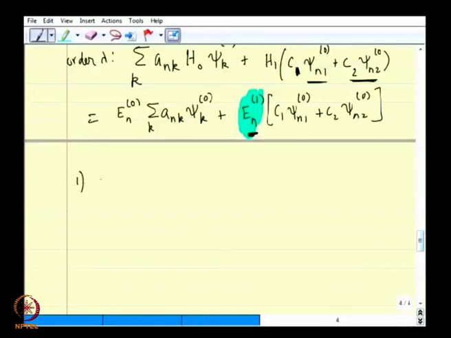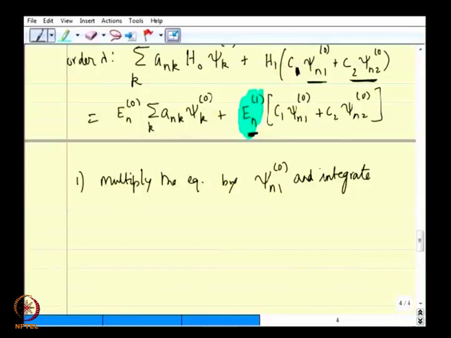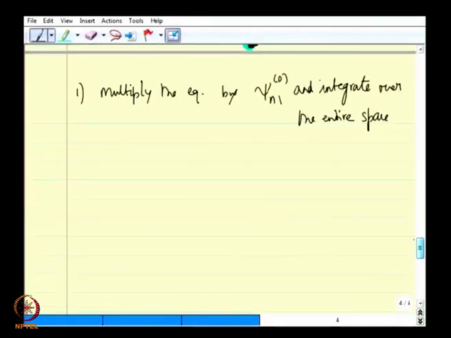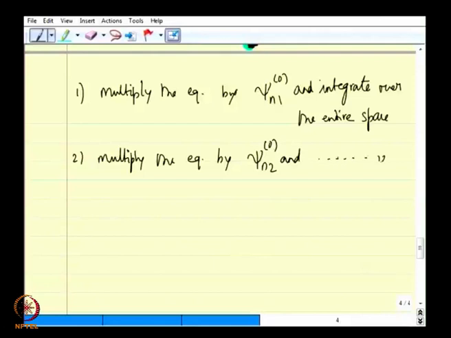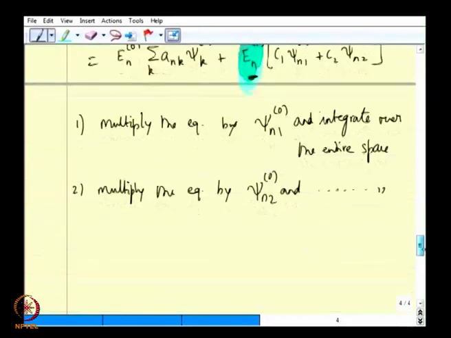One, multiply the equation by psi n1 0 and integrate over all coordinates over the entire space. The second step would be multiply the equation by the other quantity psi n2 0 and integrate over the entire space. Okay. So we do it in two steps, and it is easy to see what will happen.